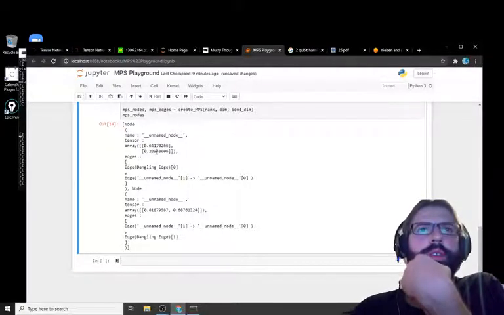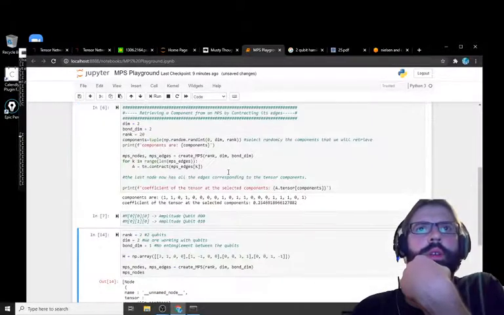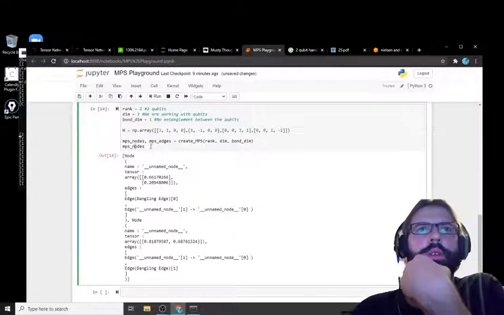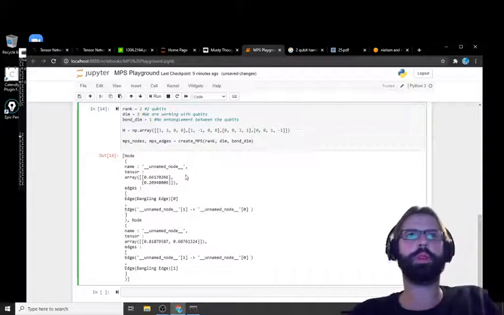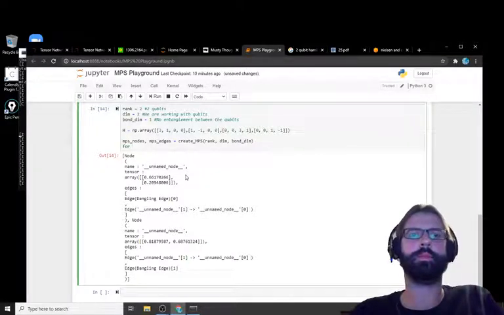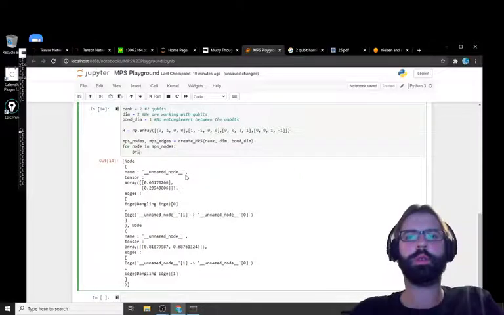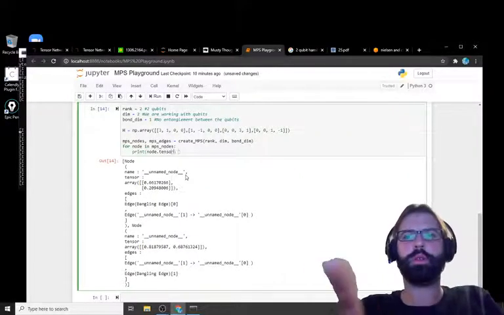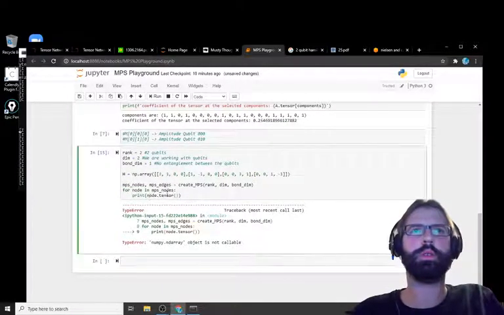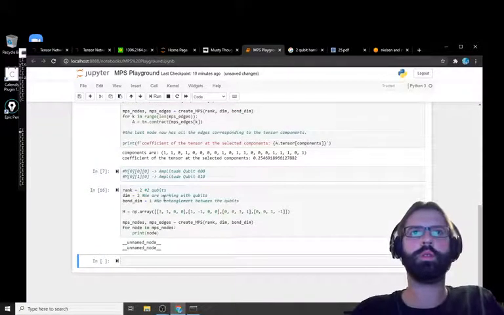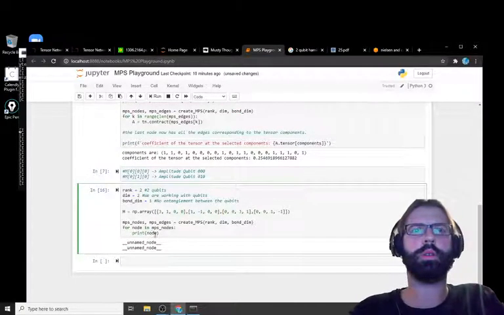So it's this tensor. So can I just say, for node in MPS nodes, print node tensor.